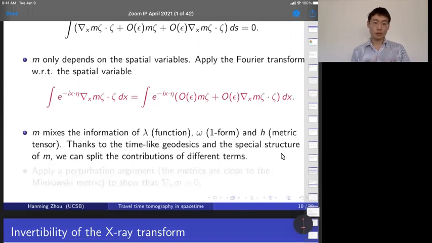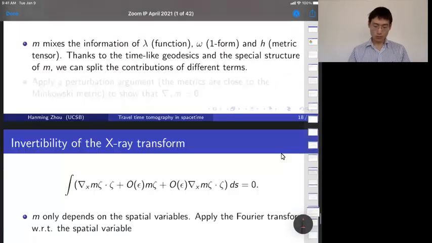Thanks to the time-like geodesics, we can tilt the direction of the geodesic a little bit by our measurement, and it's still in our measurement set. In that sense, we can separate the contributions from the function lambda, from omega, and also from the remaining metric h, so we can separate their information to uniquely determine that.